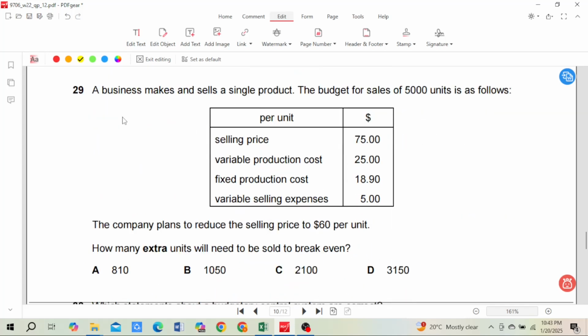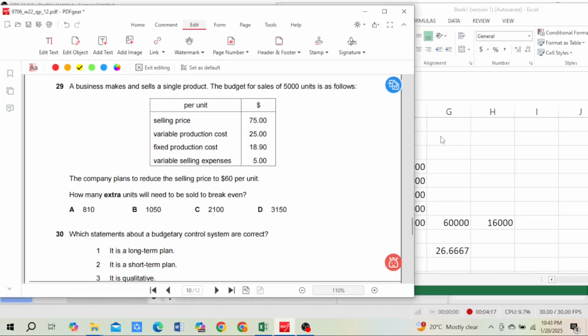Question 29. A business makes and sells a single product. The budgeted sales of 5,000 units are as follows. Selling price 75, variable cost 25, fixed production cost 18.90, and variable selling expenses 5. The question is asking: the company plans to reduce the selling price to 60 per unit.